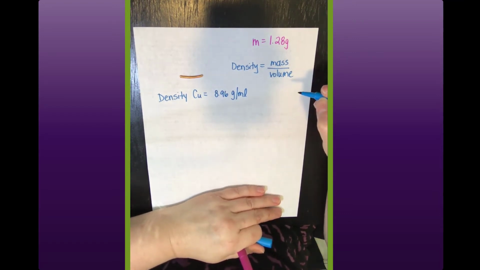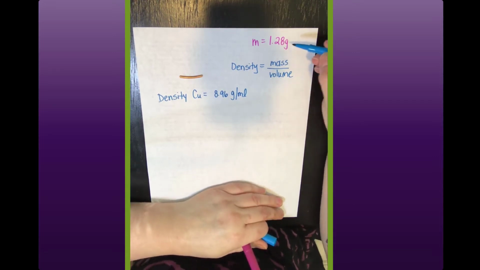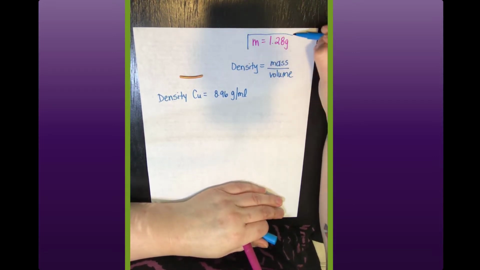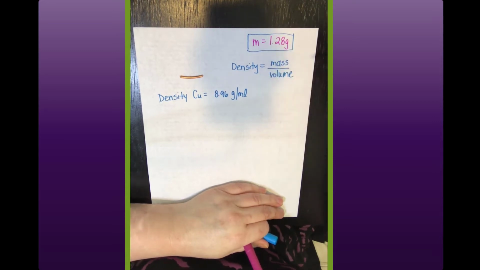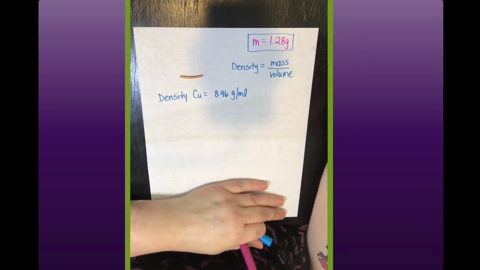Question 21 first asks you, what is the mass of your copper rod? That is this value right here. And then the second question says, if density is equal to mass divided by volume, what is the volume of your copper rod? It asks you to take a picture of your calculations and post them in the space below.